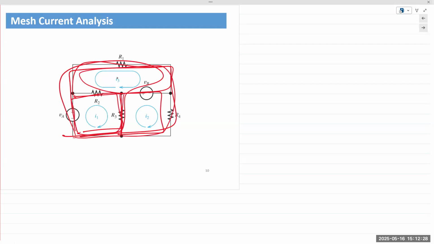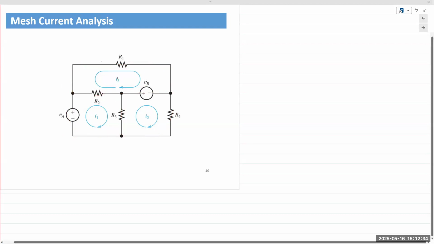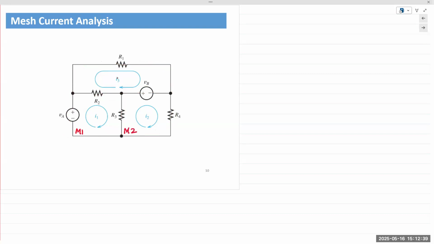But out of those 6, 3 of them contain other loops inside them. And so we only have 3 meshes: mesh 1, mesh 2, and mesh 3. Right? Everybody understands the difference, right? A mesh is a simple loop, it does not contain any other loop inside it.